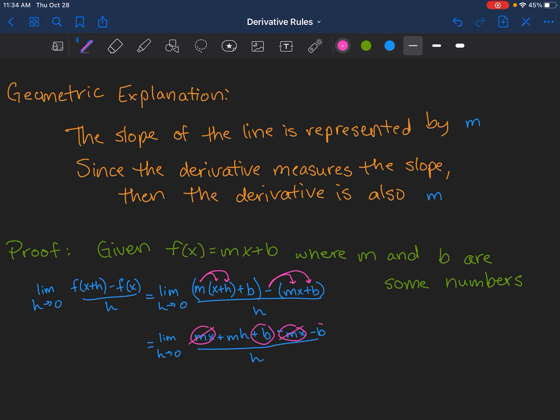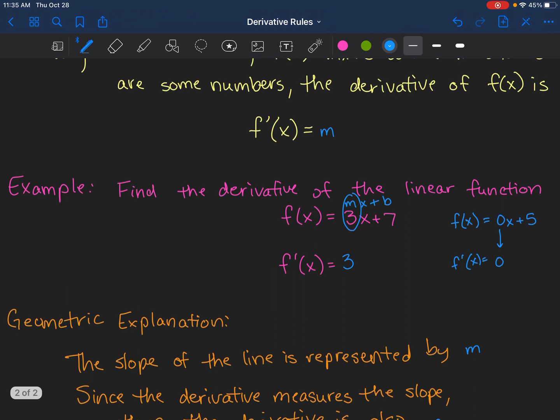This positive b minus b will cancel. And I'm left over with the limit as h goes to 0 of mh divided by h. So those h's will also cancel. And the final answer is going to be the limit as h goes to 0 of m. Well, there's no h's left over, so my answer is just m, whatever that number is.